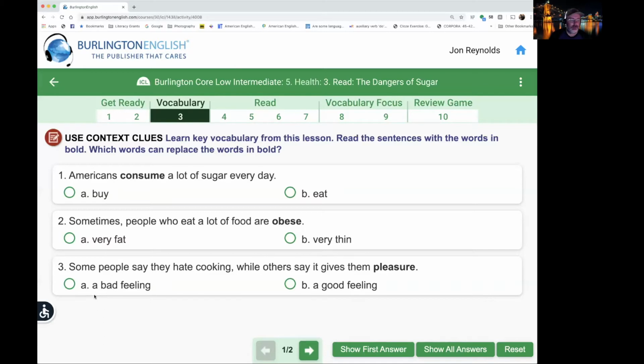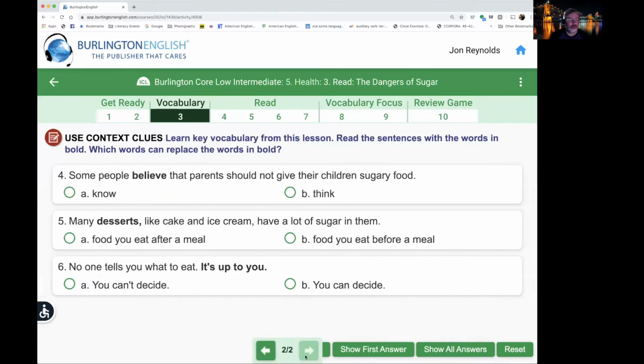Now, does pleasure mean a bad feeling or a good feeling? Number 4, some people believe that parents should not give their children sugary food.